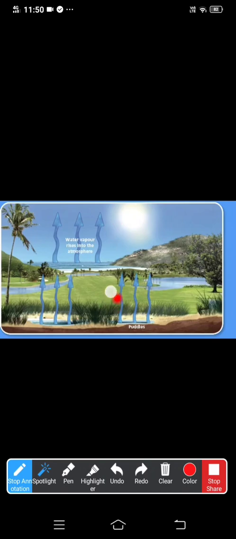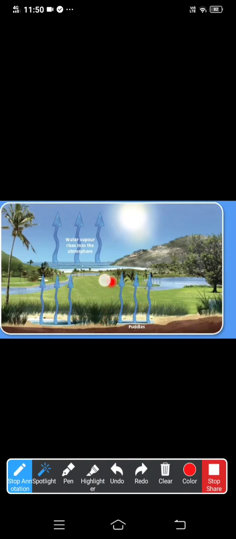So this water vapor will rise up into the atmosphere. When we are moving away from the surface of the earth, the air in the topmost layer is much cooler.